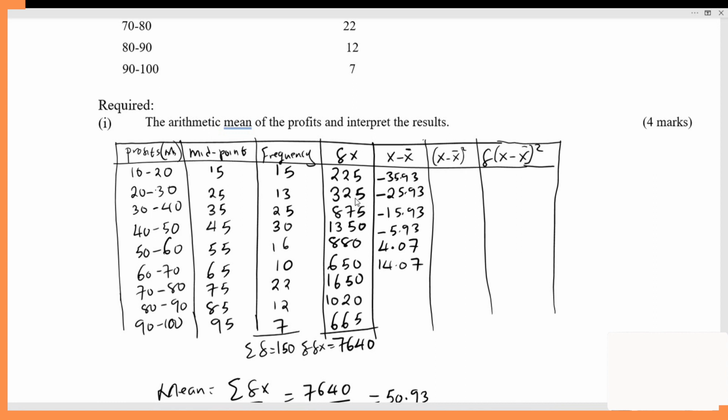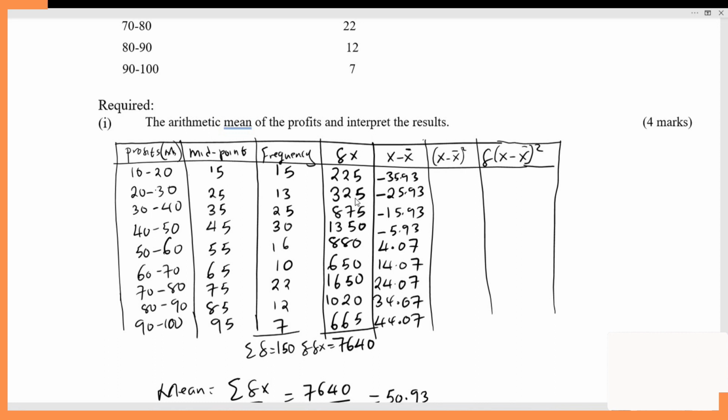Then 75 minus 50.93 gives me 24.07. Then 85 minus 50.93 gives me 34.07. Then finally 95 minus 50.93 gives me 44.07.